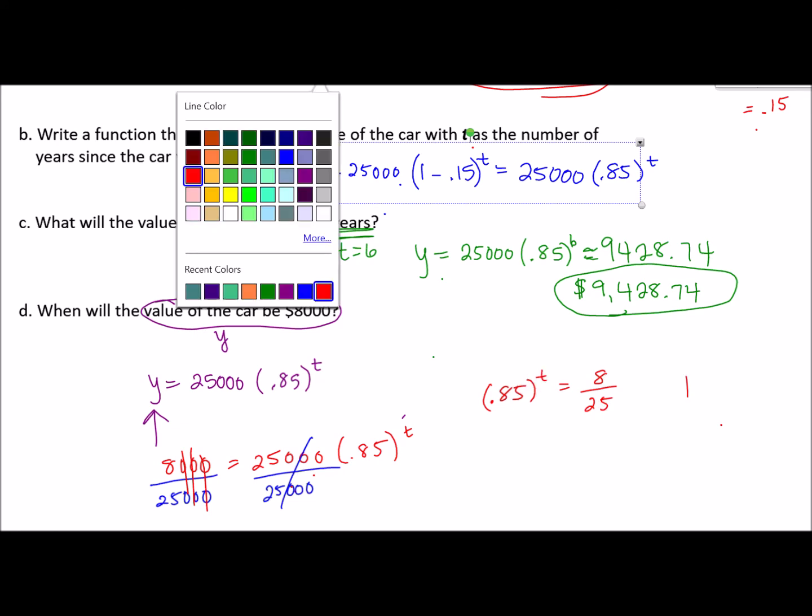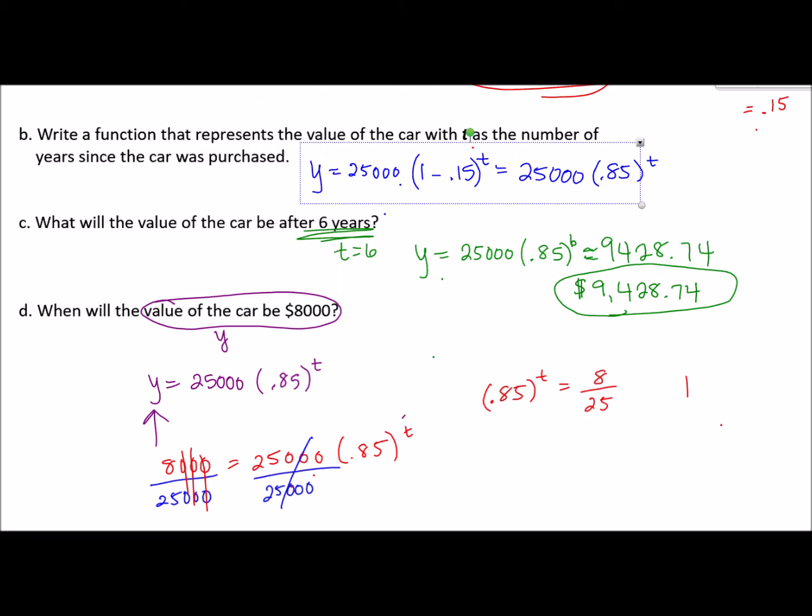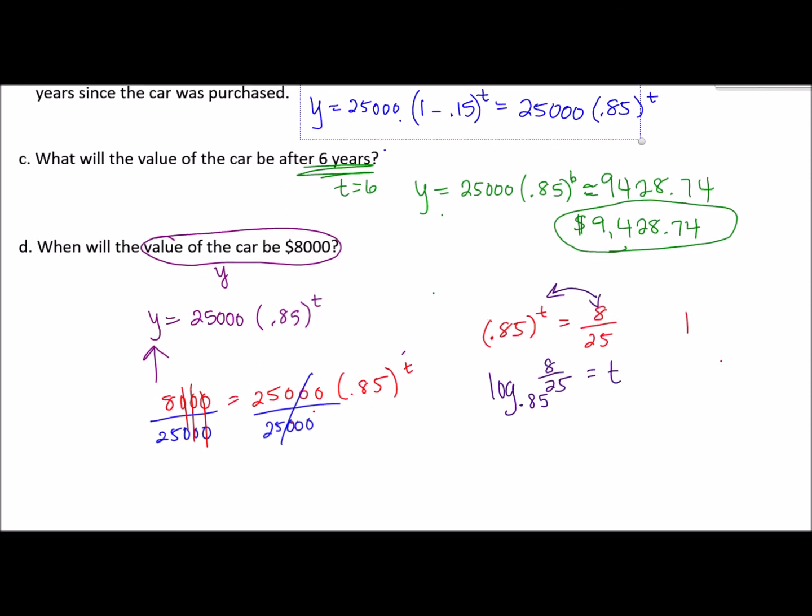Well, all we had to do was convert. So we said, okay, turn it into a log. 0.85 goes down here. These guys swap. And that's going to equal t. It's okay to have decimals down in the base. That's what this process is all for, is for solving this type of equation.